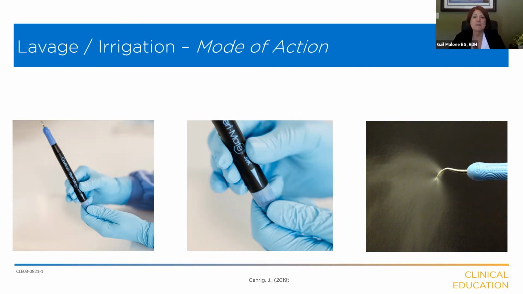Keep in mind that decreased water flow produces a warmer water lavage, and an increased water flow produces a cooler lavage. But ideally, what we're looking to achieve is a nice mist with droplets as our spray pattern.